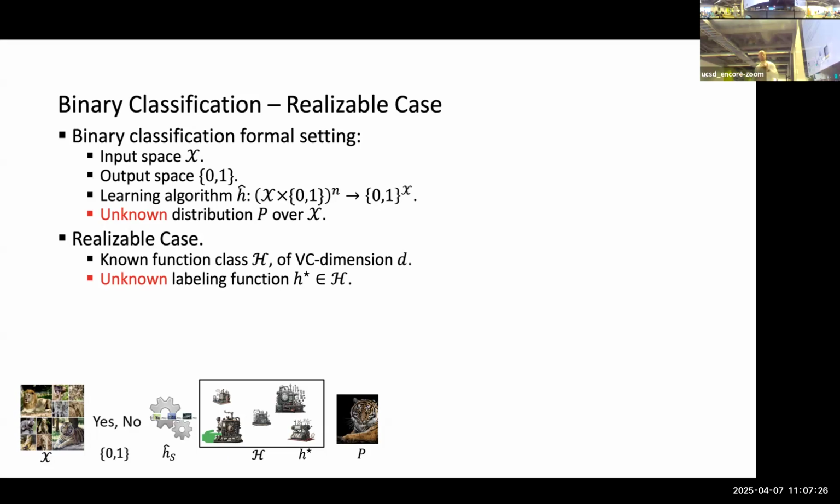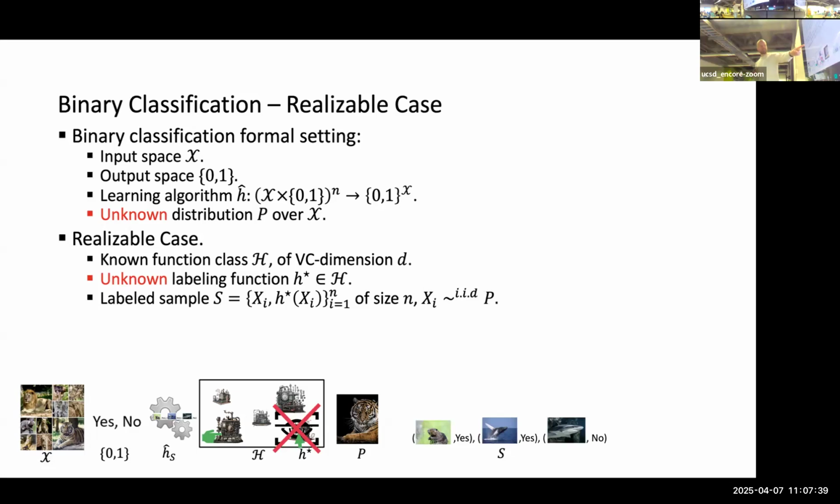What we assume is that there's some unknown target function h star that belongs to this hypothesis set, and this h star is what assigns the labels. So the training data set consists of these pairs, x_i, which is an element of the input domain, and h star of x_i, the correct label of this training data point.